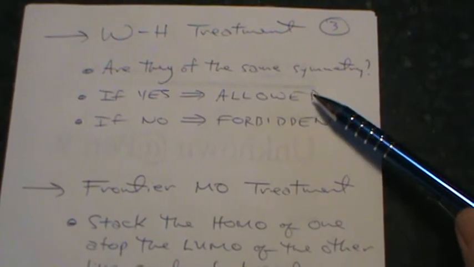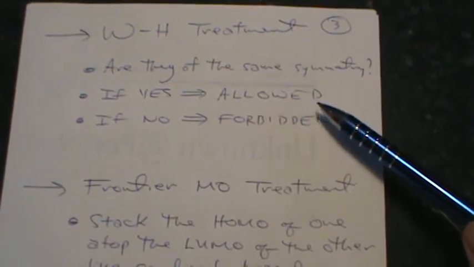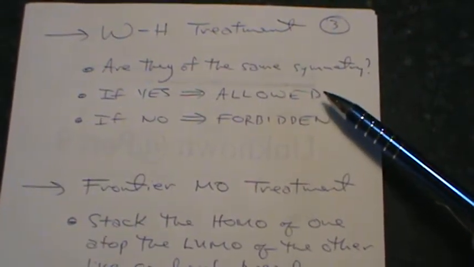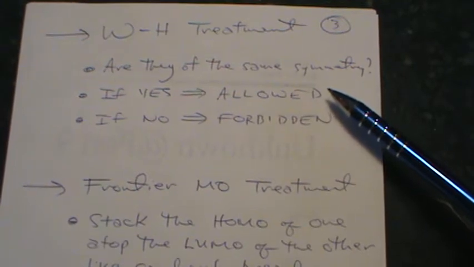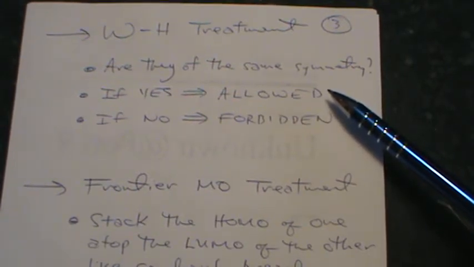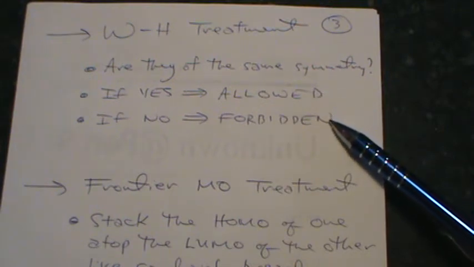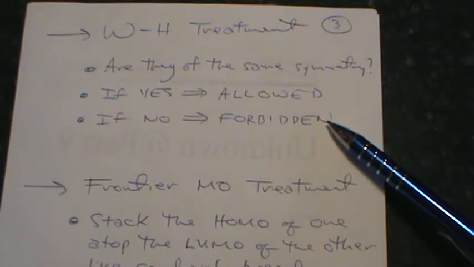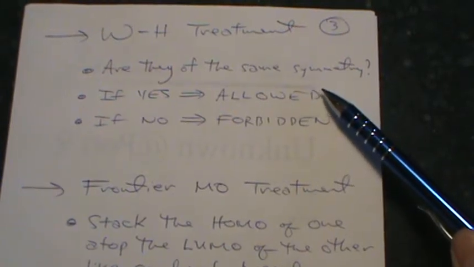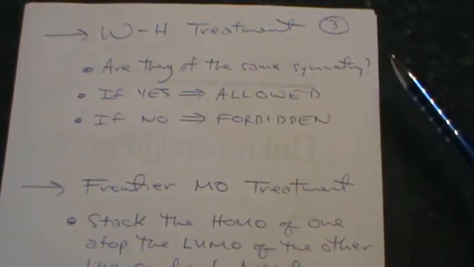So you have to take these words allowed and forbidden with a grain of salt, but they really tell us whether the reaction is facile or not, whether it's going to occur in a concerted fashion, which it would if it's allowed, or whether it's going to be a high energy process if it occurs at all, which would be the case if it's forbidden. Generally speaking, the reactions that are allowed are the ones we're interested in.